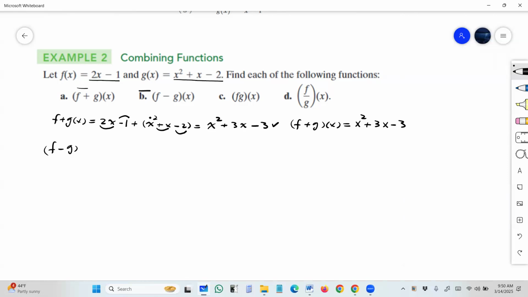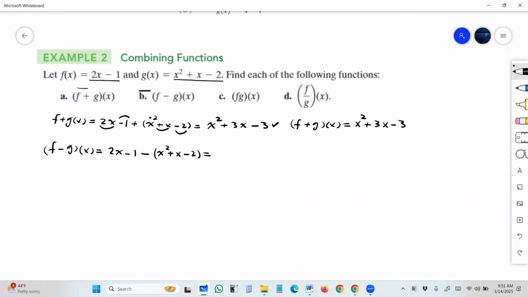Now, let's do the second one. f minus g. Now, in this case, you have to be careful because of the minus. I have to put the second function in parentheses, otherwise we're going to have a problem. So here's the f first, 2x minus 1, minus, this is the operation, and you must open parentheses now before you write in the g function, which is x squared plus x minus 2.